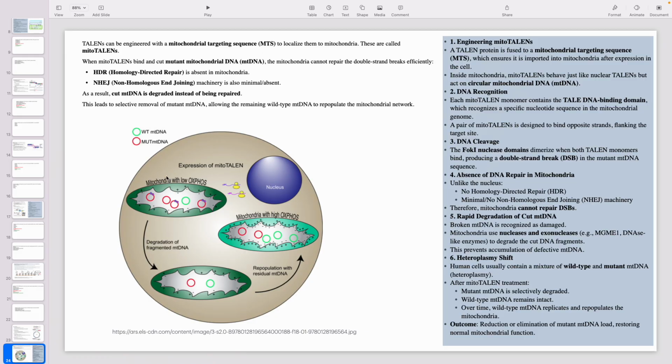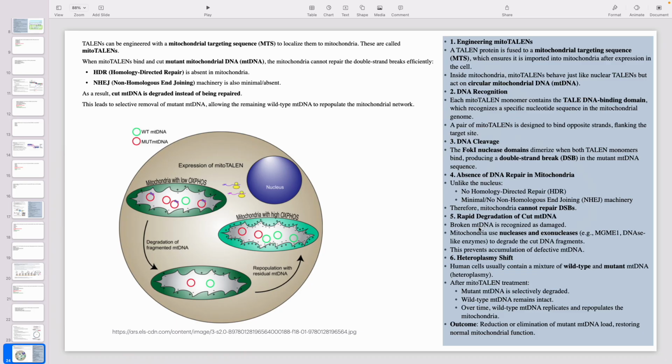This leads to a double-stranded break in the mutated mitochondrial DNA, and the break will not be repaired because the mitochondria do not have homology directed repair or non-homologous end joining. If they are not repaired after the double-stranded break, they will get degraded, and we will be left with only the wild type mitochondrial DNA.